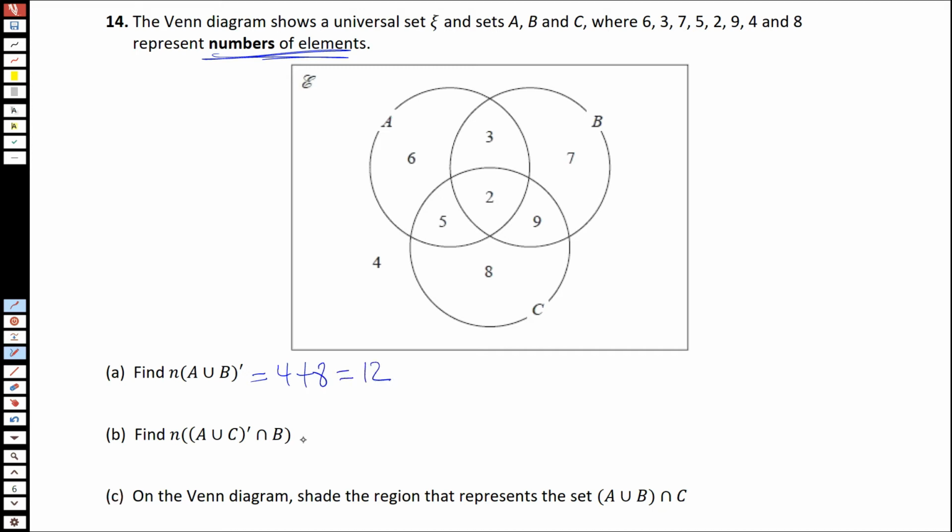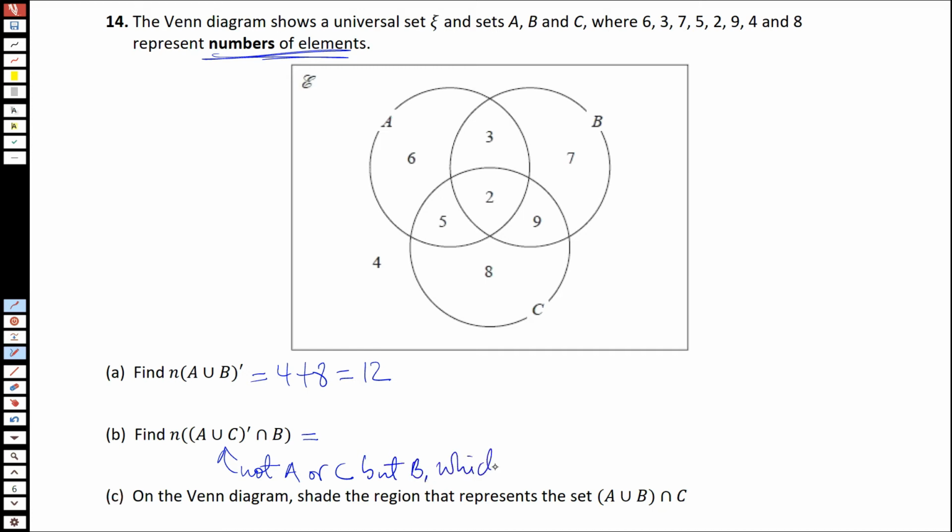And then in the second part, we are required to find the number of elements that are not in A or C, but B. So basically this means not A or C, but B.